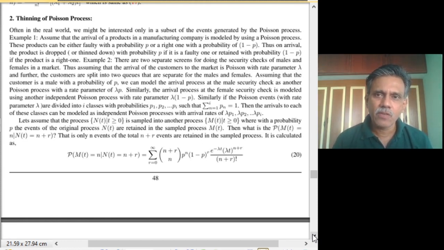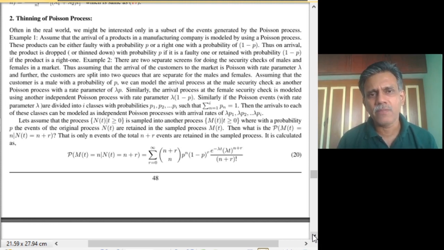The criteria we use can be anything, as long as the events are segregated into different streams in a manner which is independent of the way in which the previous events were segregated.